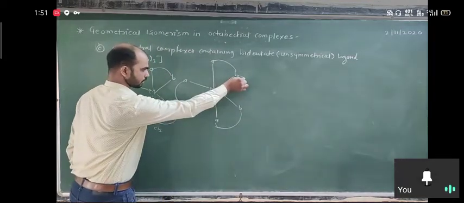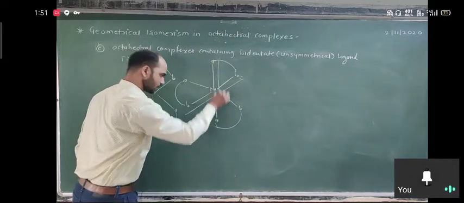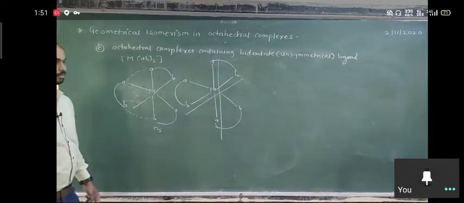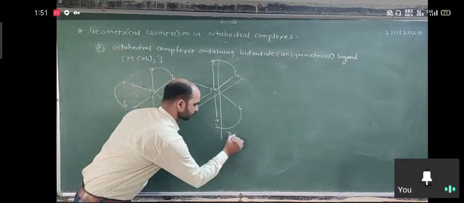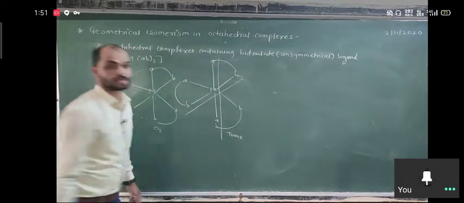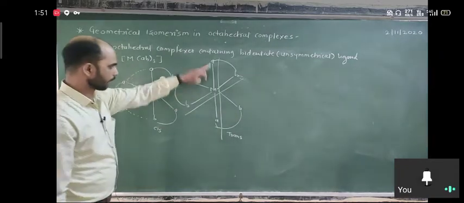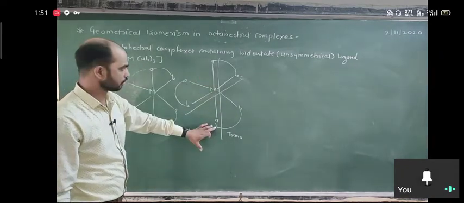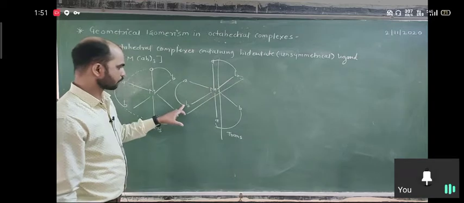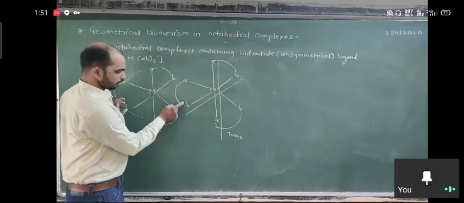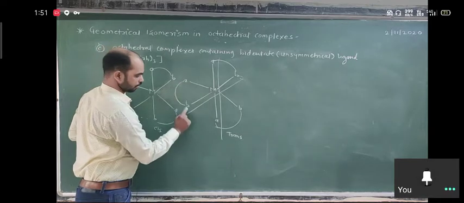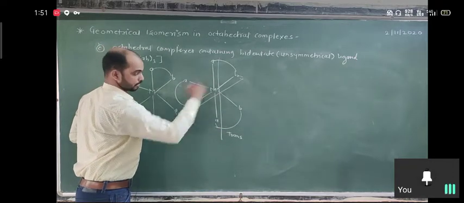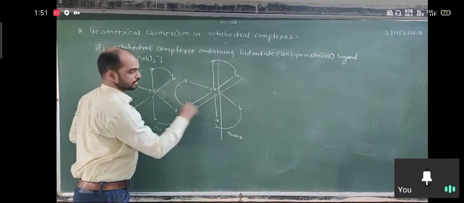These positions are trans, these positions are trans. Only one position is remaining, so here is the trans isomer. AA are opposite, this BB is opposite, and only one position is cis, but this is in a plane.